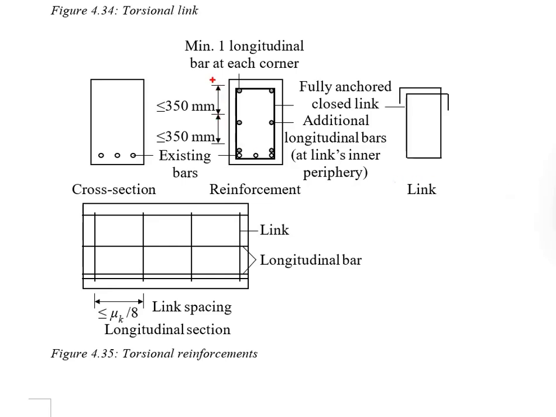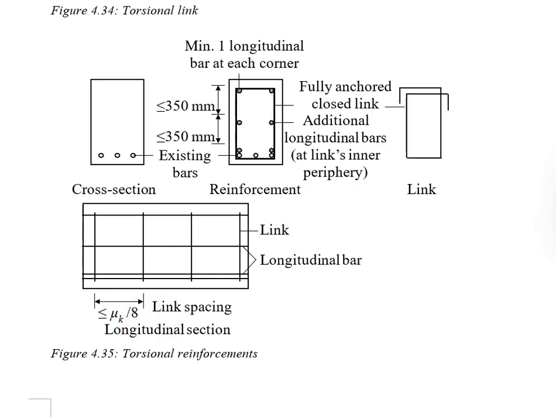There are also requirements in terms of how you can space the reinforcement, not more than 350. And in terms of the link, make sure you use the fully anchored closed link, and the spacing should not be greater than the peripheral of the equivalent box section divided by 8.